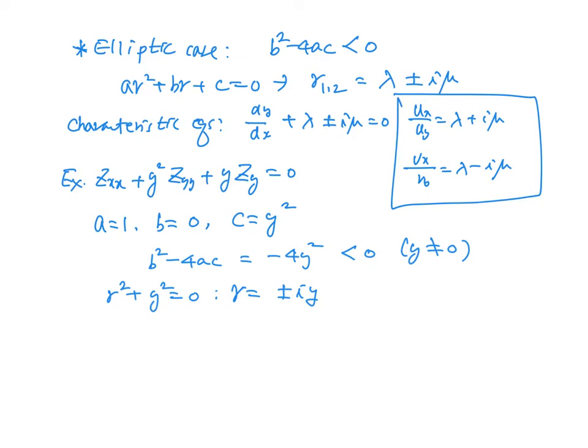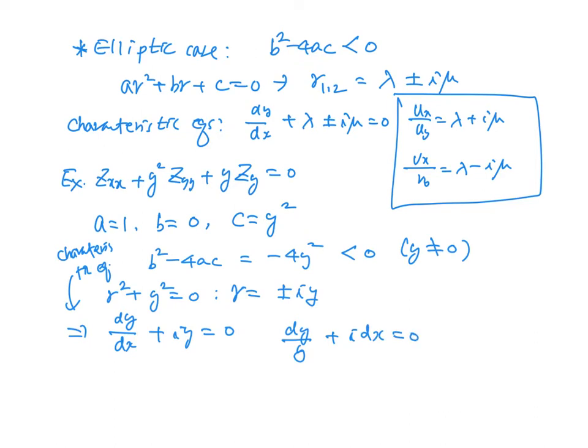So say characteristic equations: dy plus iy dx is equal to 0, right? So dy over y plus i dx is 0.